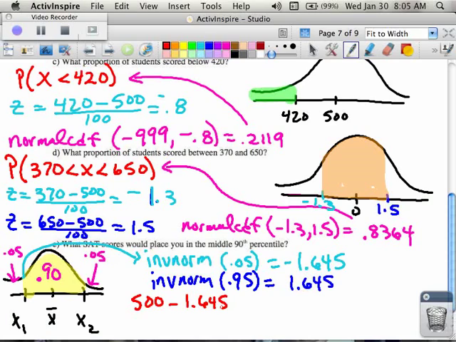Because this 1.645 is talking about how many of those standard deviations are you below the mean. So I multiply that by 100, and that x1 score is going to be 335.5.